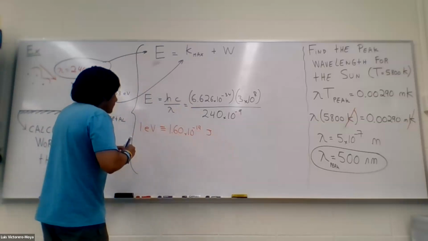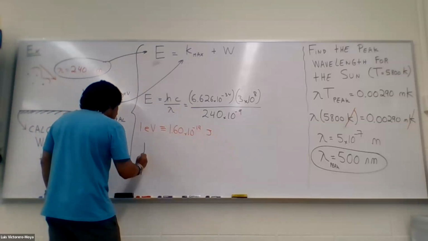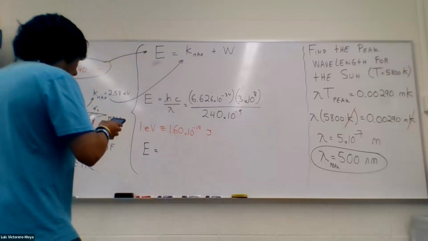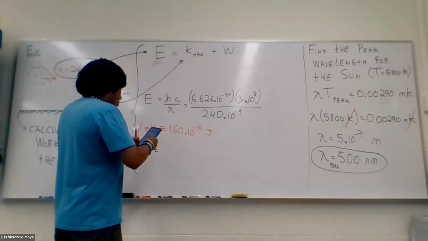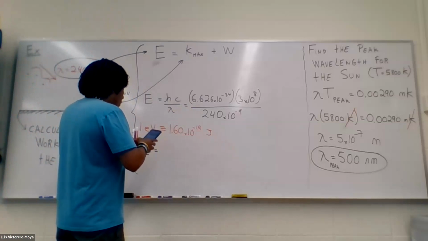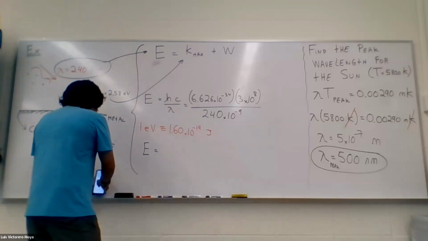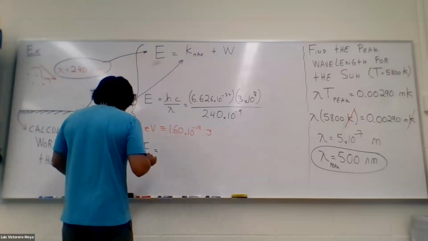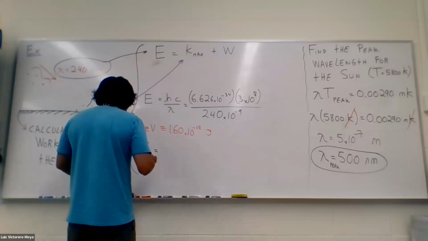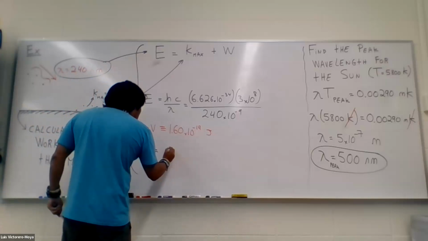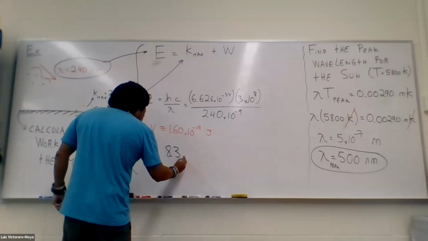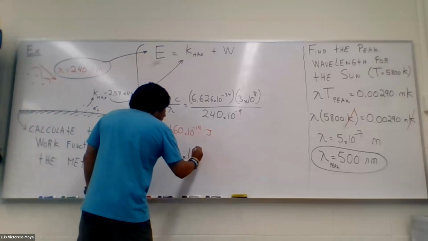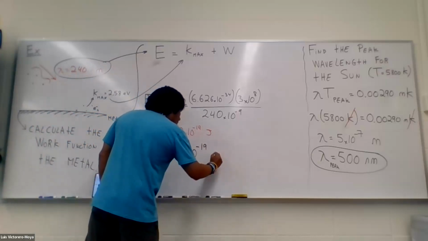So let's find E in joules first. 6.626 times 3 divided by 240 gives 8.3 times 10 to the negative 19 joules.